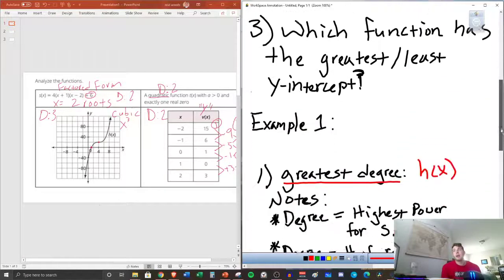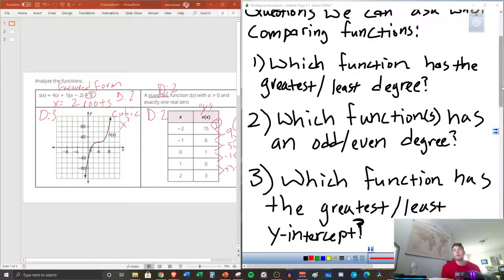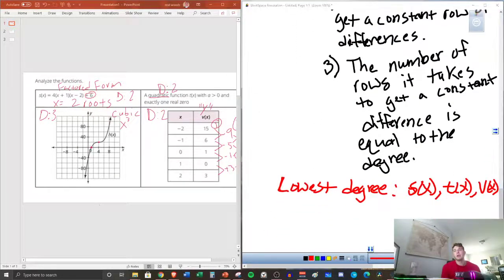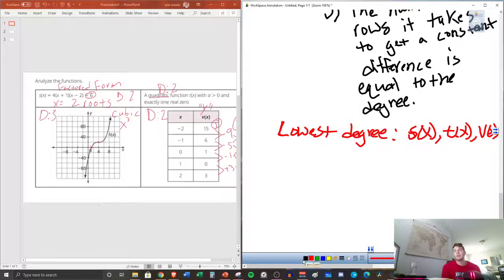Now let's talk about odd and even degrees. Doing the work in the first part helps us with the second part. So question number 2, which ones are odd? Which ones are even? We've already done the work for this. We look over here, degree 3 cubic, that is an odd degree.